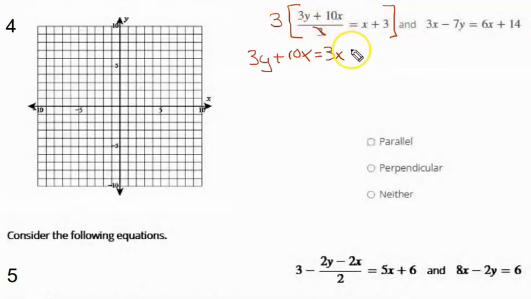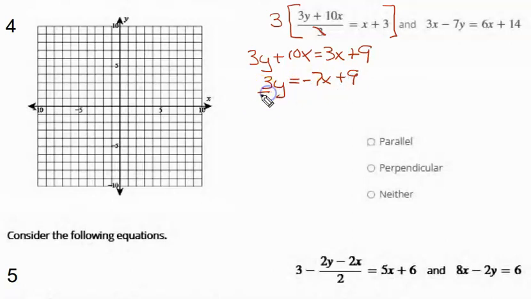3 times 3 is 9. So making it a lot simpler, want to get all the x's on one side, so we got 3y. Going to transpose this to this side, where it becomes a negative 10x. So this leaves us with a negative 7x plus 9.